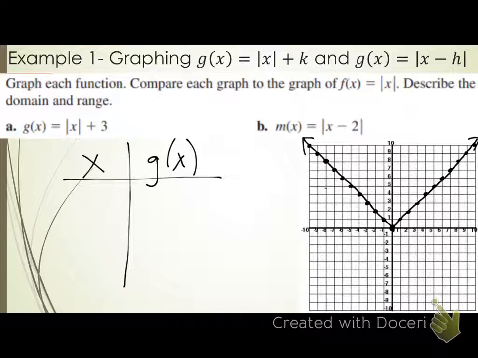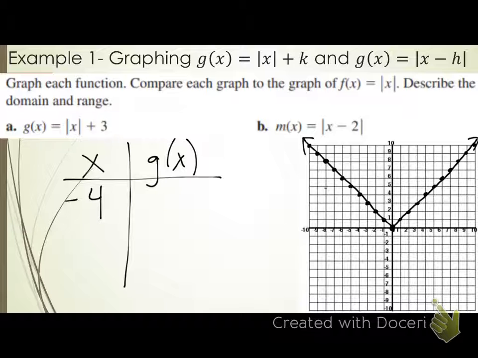Okay, so I just need to pick values to plug in. I usually like to pick some negative values, 0, and some positive values. So what might be 5 good numbers to plug in? I have 2 negative, 2 positive, and 0. -4, we can do -4.